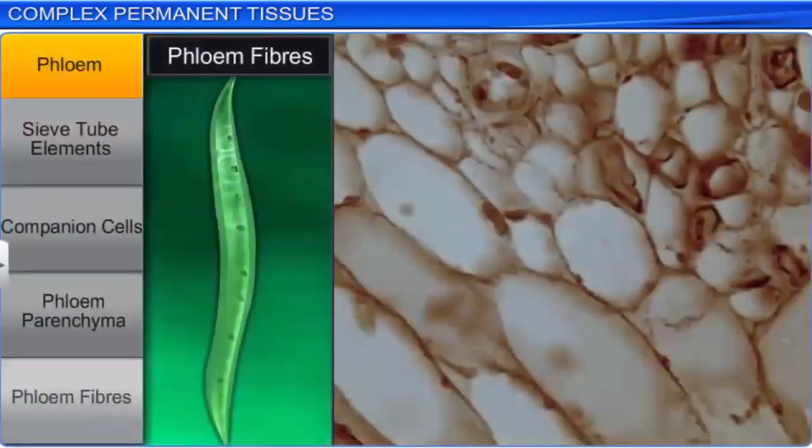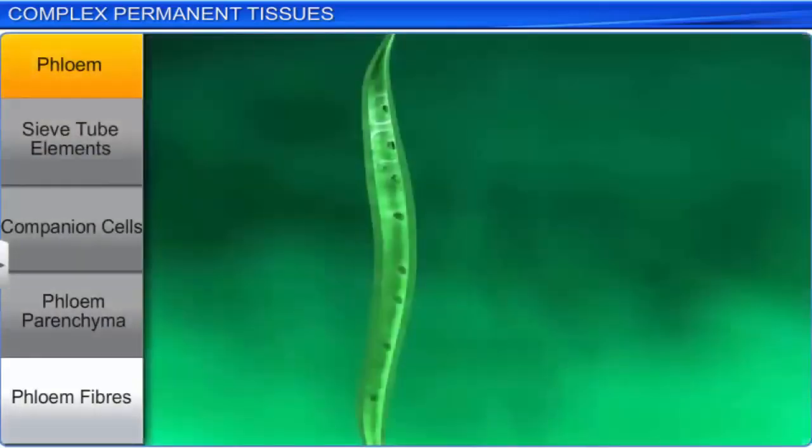Phloem fibers or bast fibers are made up of sclerenchymatous cells found in secondary phloem. They are elongated, unbranched with pointed apices, and their cell wall is quite thick. On maturity, phloem fibers lose their protoplasm and become dead.